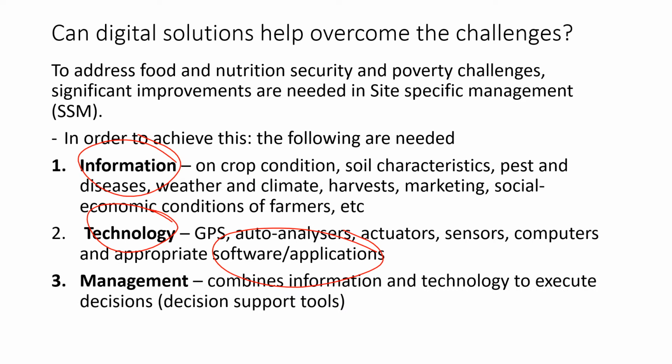The third thing that is important in overcoming these challenges that we have talked about is the management, meaning we need to combine information and technology to execute decisions. So we need to have the tools which will help us make appropriate decisions.